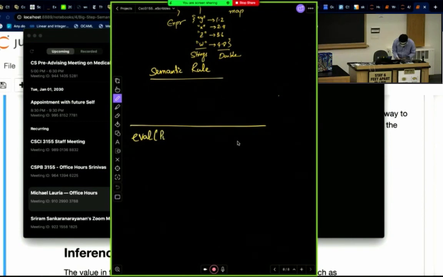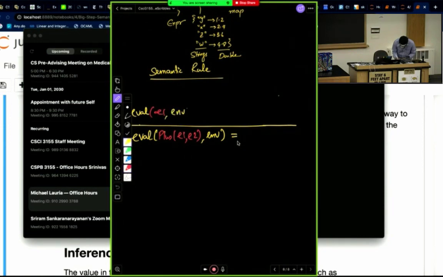So a semantic rule looks like this. For example, here is a semantic rule that says eval of plus E1, E2 under an environment env equals, and then you draw a big line, and on top you say eval E1 under the environment gives rise to V1, so this V1 is a number for now, okay?